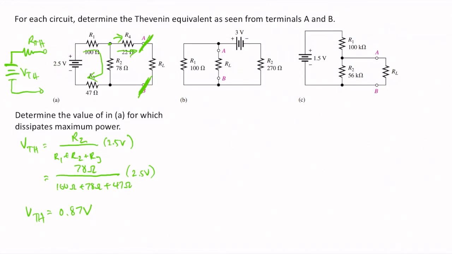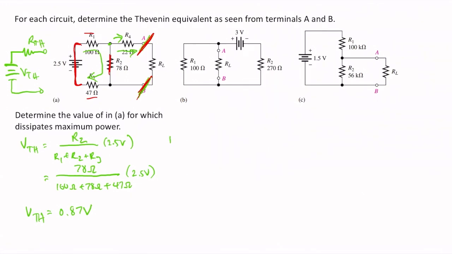What about the Thevenin resistance? To solve for the Thevenin resistance, we replace this DC source with a short. That's just a wire, which means that the 47 ohm resistor and the 100 ohm resistor are in series, and the equivalent series resistance is in parallel with R2. So the resistance as seen through AB is a series-parallel equivalent of R1, R2, and R3.